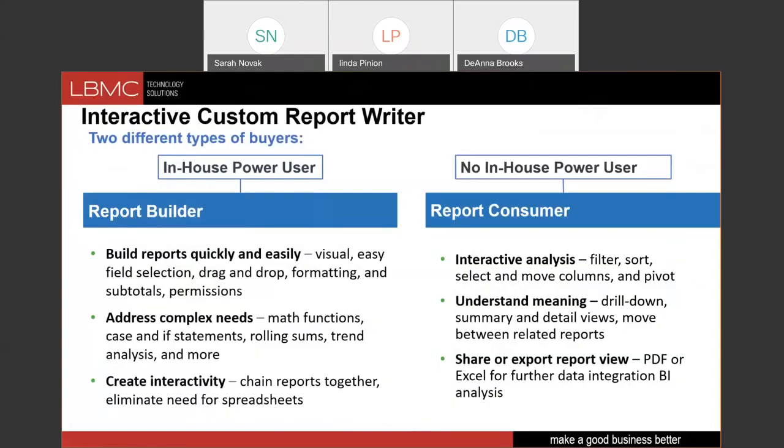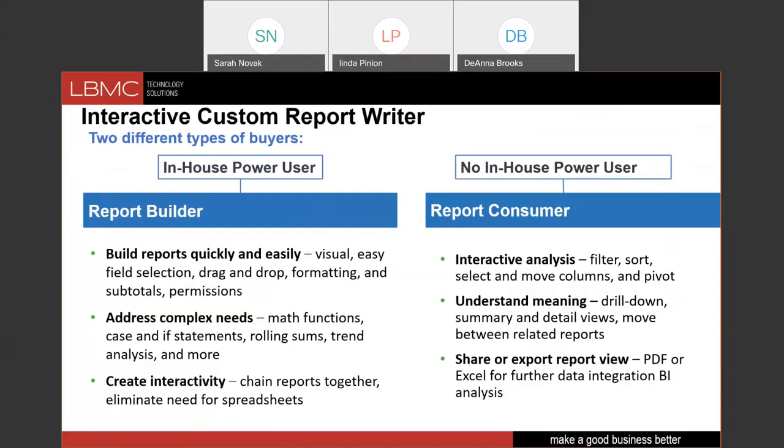If you have someone in your organization that can do that, then you would want to subscribe and make them a report builder or power user. If they don't have that in their DNA, as I like to say, then you may still want to subscribe to ICRW, but subscribe as a report consumer.